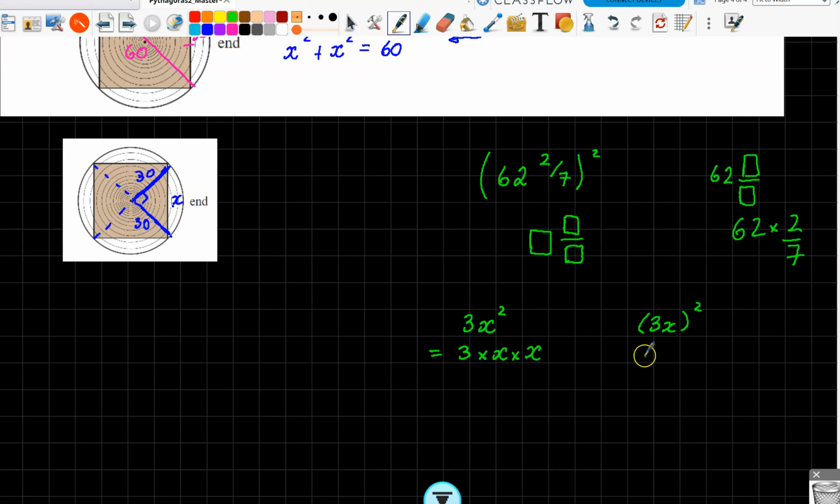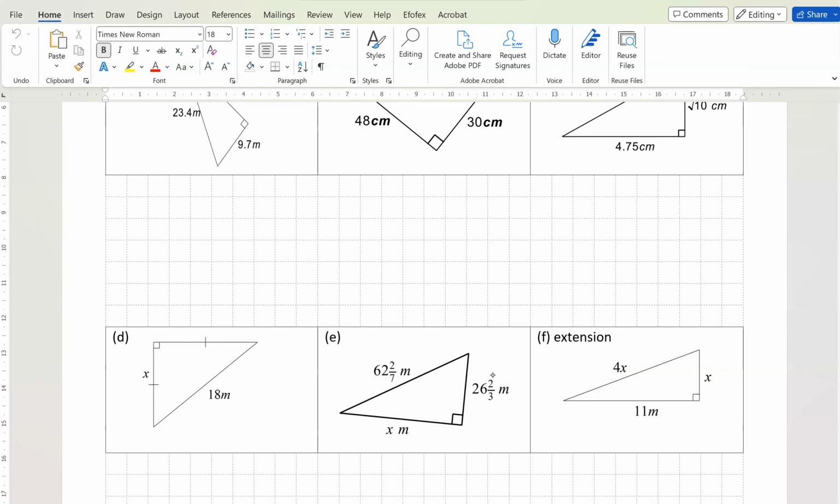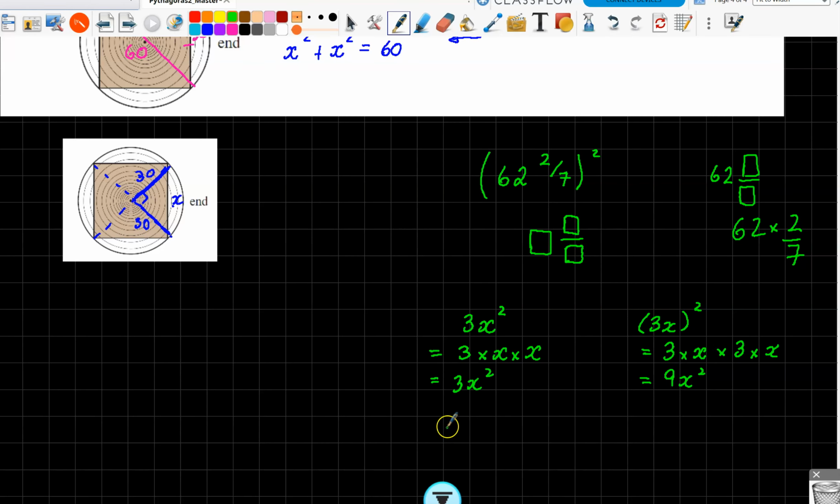Whereas 3x all squared will be 3 times x times 3 times x. So this one gives me 9x squared, whereas this one is 3x squared. So why am I asking you this? Well, with this, are you wanting to square the whole 4x? Really? I thought the side said it's the whole length squared. So for this one, you need to have the 4x in a bracket. Okay? So for that question, you should be looking at 4x all squared. So there's your hint there.